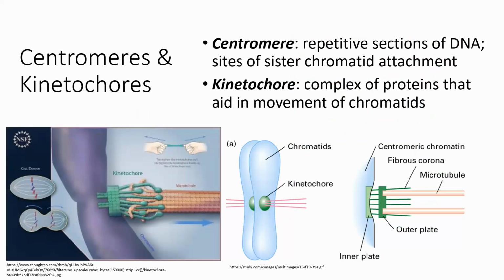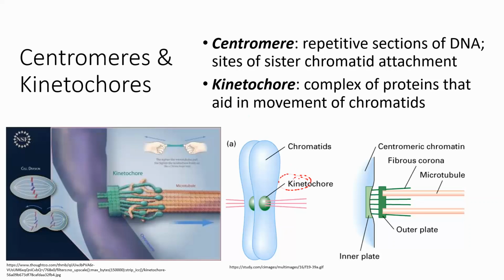So let's talk about something important that is found at the centromere. Centromeres are where sister chromatids attach to each other. But later on, we're going to have some structures attached at the centromeres, and they're going to attach to something called the kinetochore. If you remember your physics, what does kinetic mean?